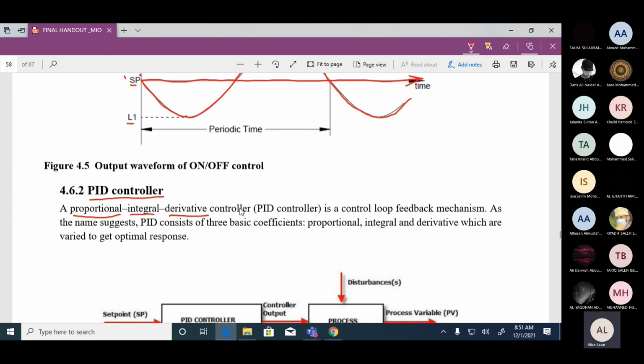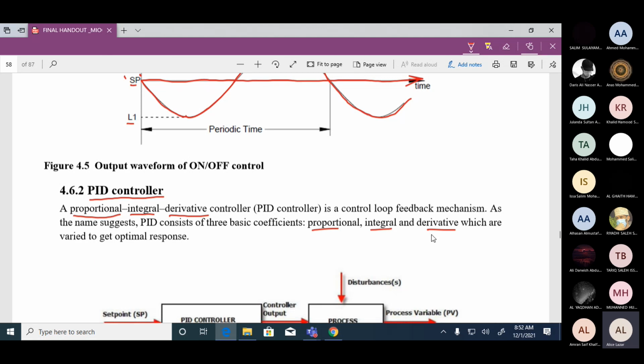This is a concept which we have to build up slowly. Though I am showing you the PID controller together, we can look at each of these controls separately. A PID controller consists of proportional, integral, derivative.